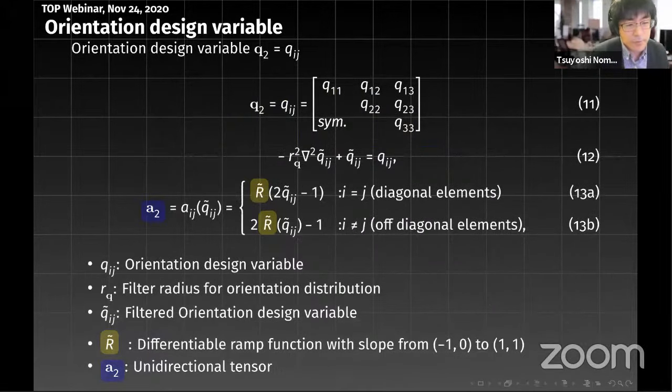So I defined the orientation design variable Q2, as shown in equation 11. That is a 3 by 3 rank 2 tensor, and we use the upper triangle, that is 6 elements, as a design variable, and we filter it with a Helmholtz filter, and we use another projection for the off-diagonal part.